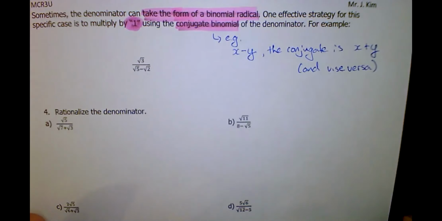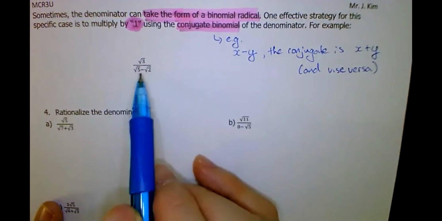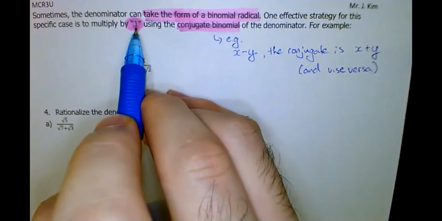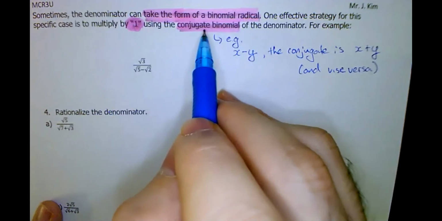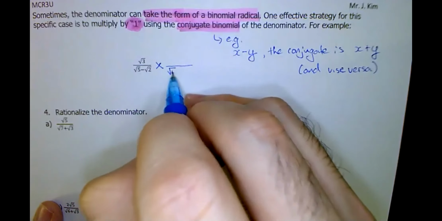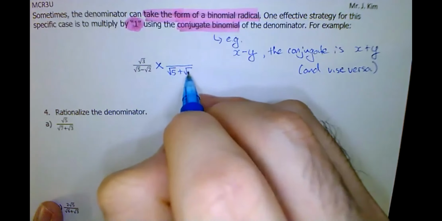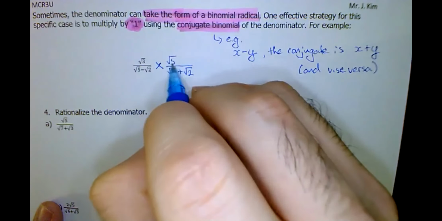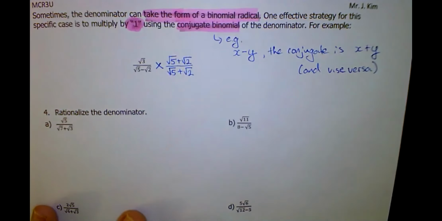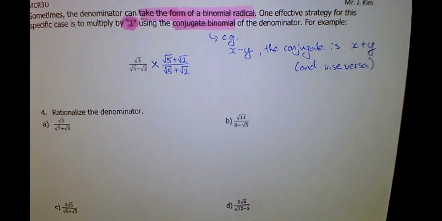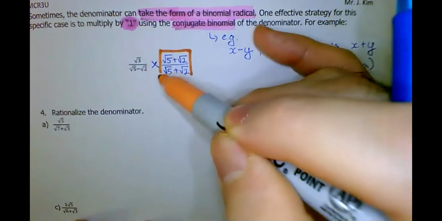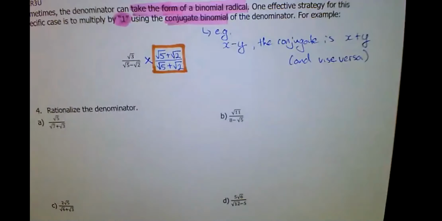I'll say it one more time as a sentence. If the denominator is a binomial, multiply by 1 using the conjugate. Remember, that is 1, right?